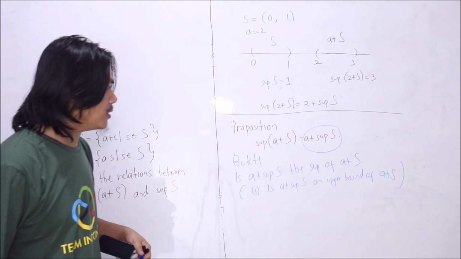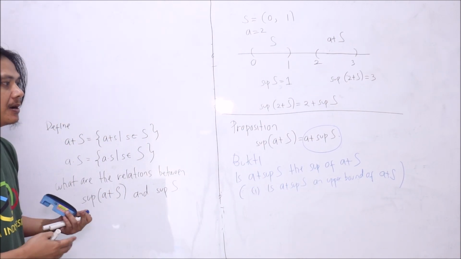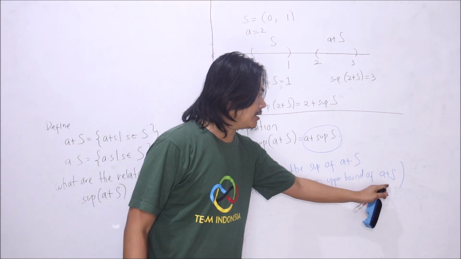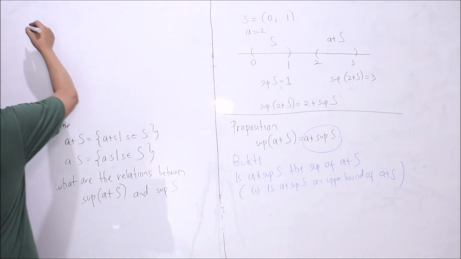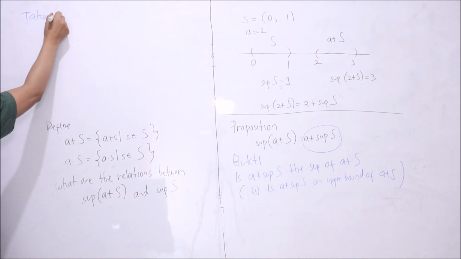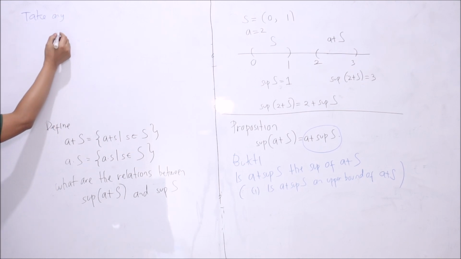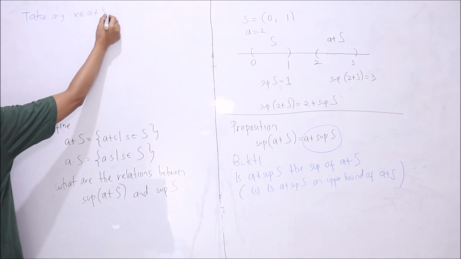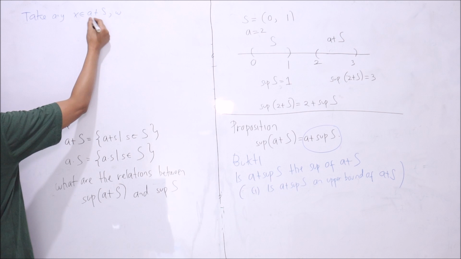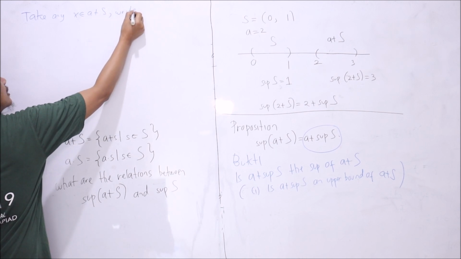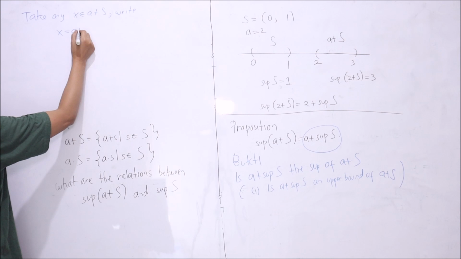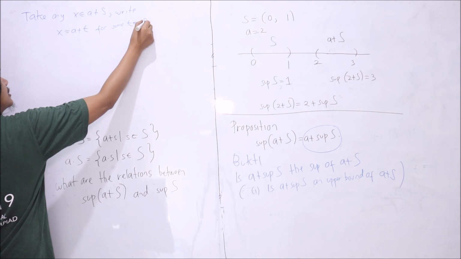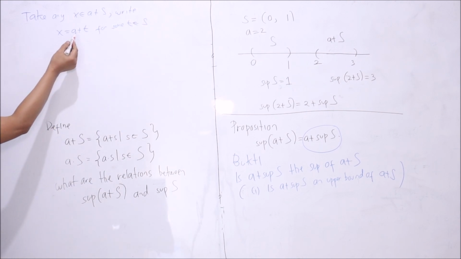So how do we show that a certain number is an upper bound? We need to show that this number is greater or equal to every element in A plus S. So we need to take any, let's say, x in A plus S. Because x is in here, we can write x as A plus t for some t in S. We don't know what t is, but there is a t so that x equals A plus t.